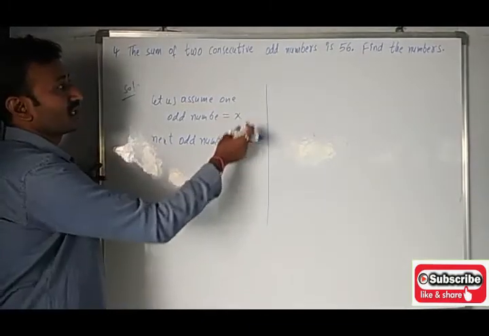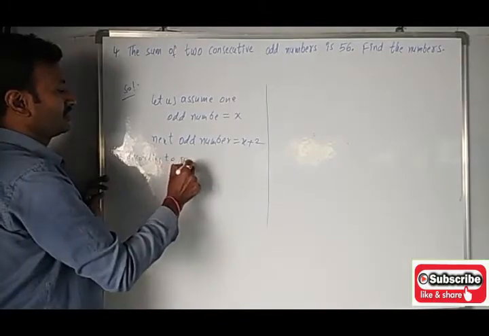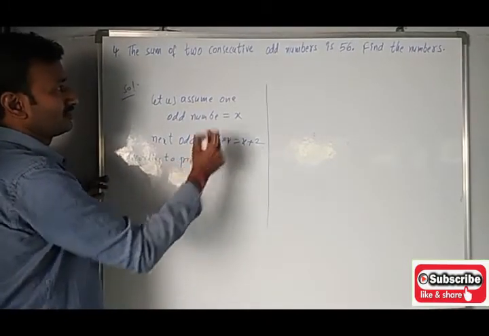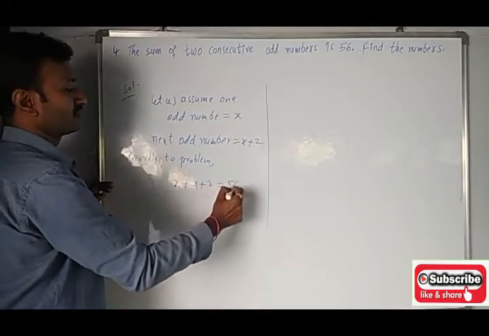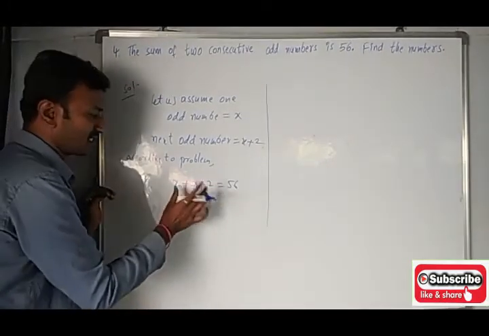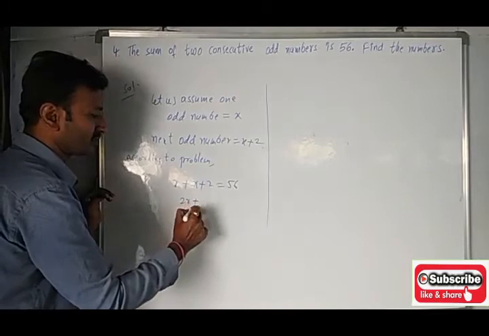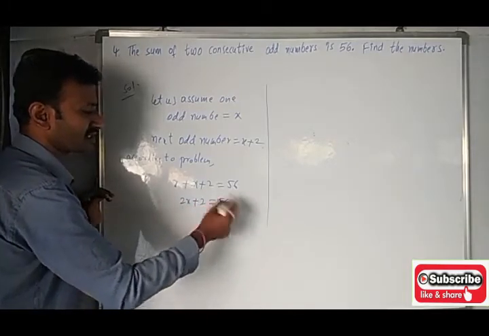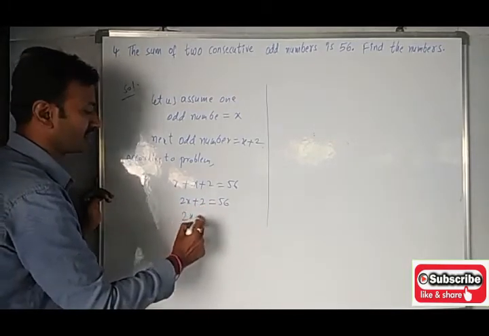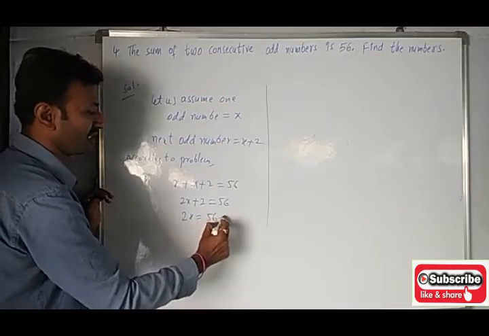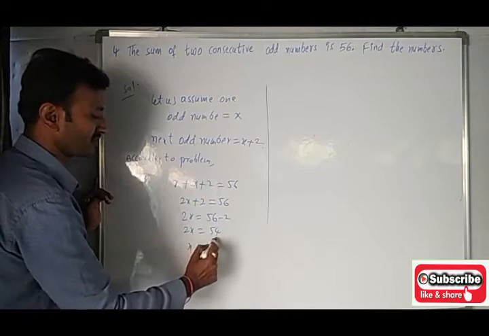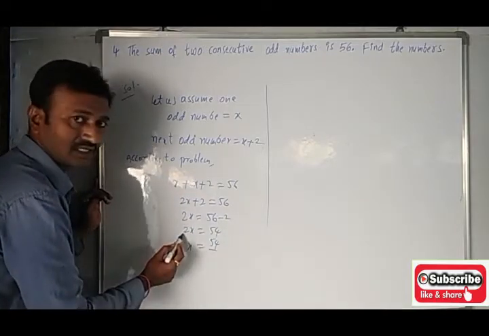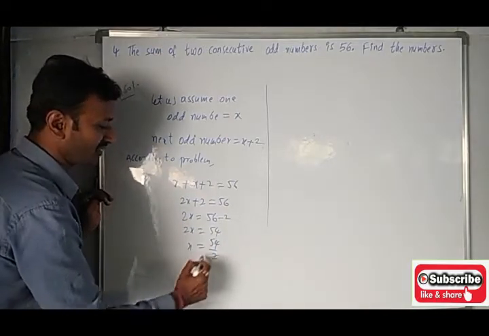So, these 2 numbers' sum is 56. According to the problem, what will we do? These both sum will give 56. That is our condition. Now, x plus x, 2x plus 2 equals 56. Now, transpose to the right hand side. 56 minus 2. 2x is equal to 54. 2 is multiplying, transpose, it divides.